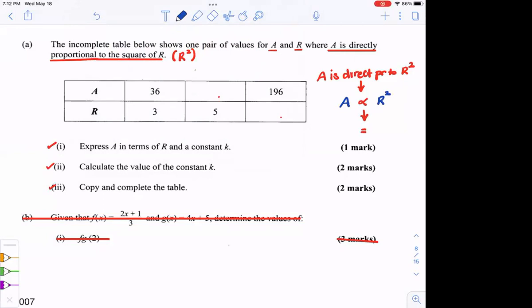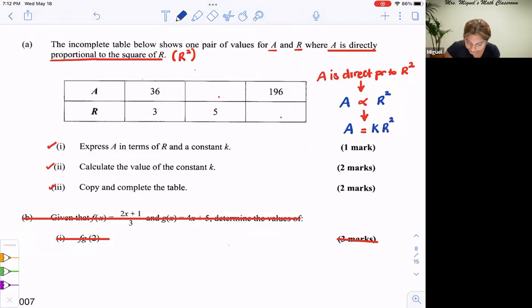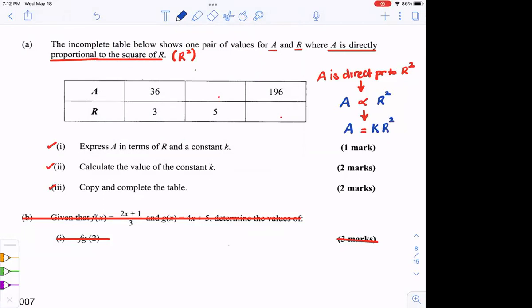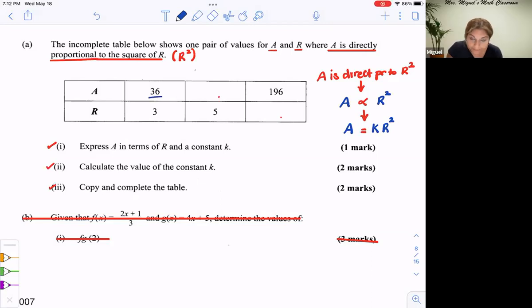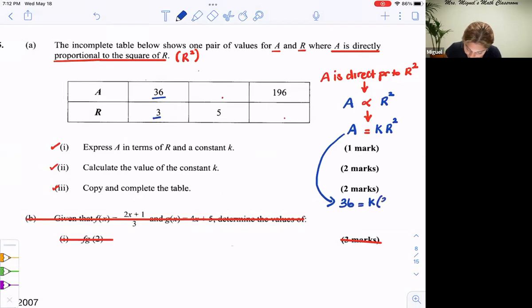And then A equals kR squared. Right. Now, we know A is 36. So in place of A, I am going to put 36, and in place of R, I am going to put 3.